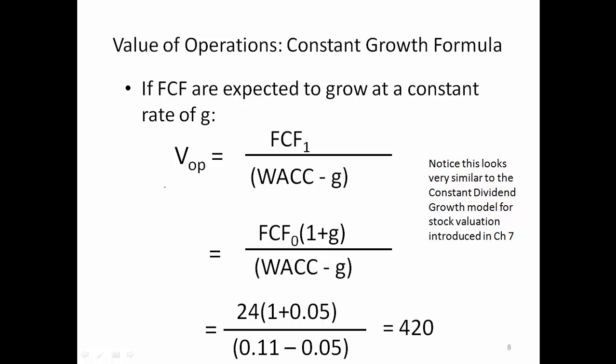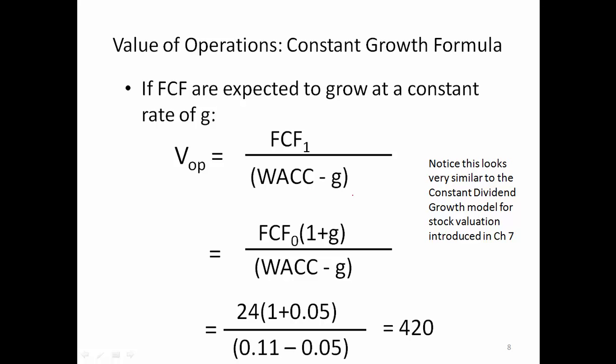We can use this formula to estimate the value of operations based on this constant growth formula. So if free cash flows are expected to grow at a constant rate of g, then the value of operations equals the free cash flow at year 1 divided by WACC minus g.